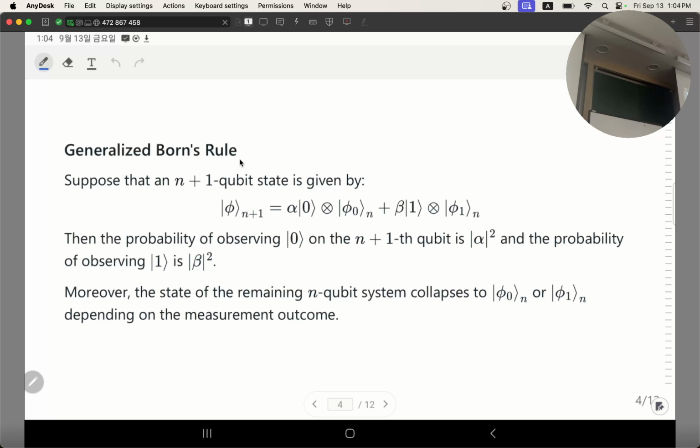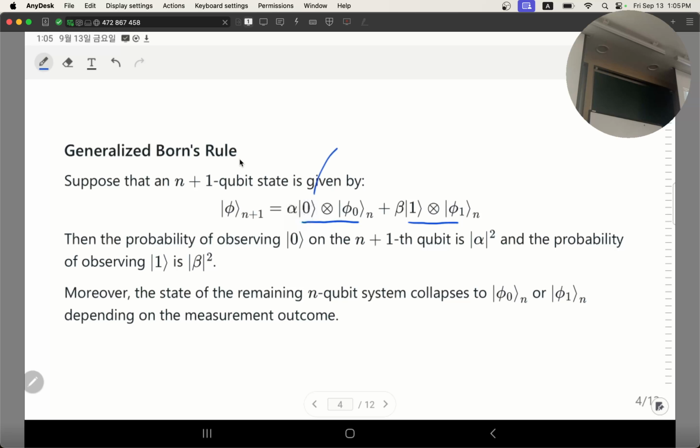And here's a generalized Born's rule. Whenever you have an n qubit state, assuming that there are n qubits of information in a system, and it's actually n plus 1 here, and you know that it's a superposed state of these two states.